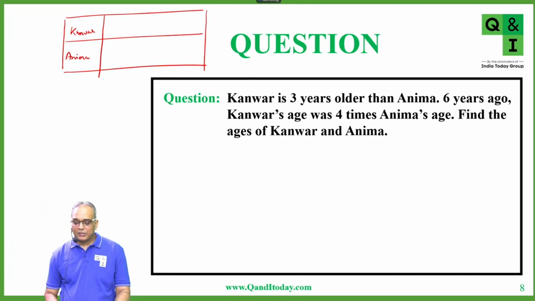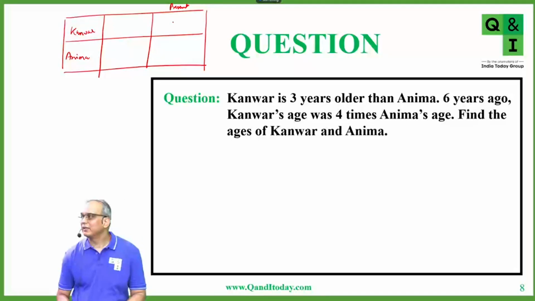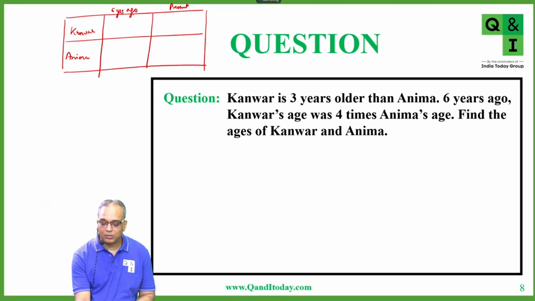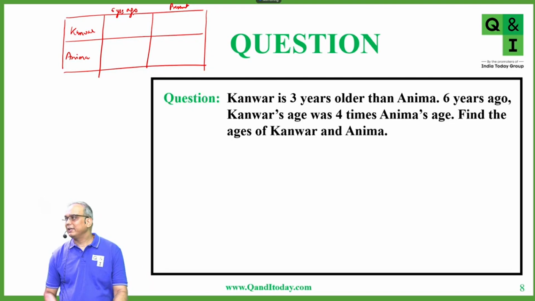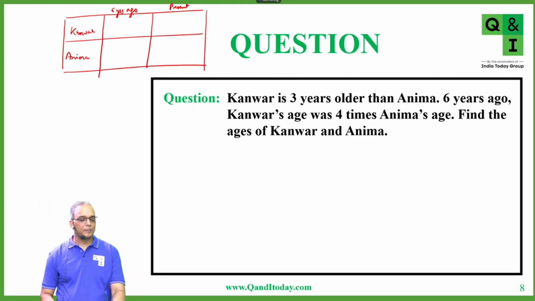Now there are 2 ages. One is the present age, right? And the second is 6 years ago. Clear? So we have the present age and 6 years ago.